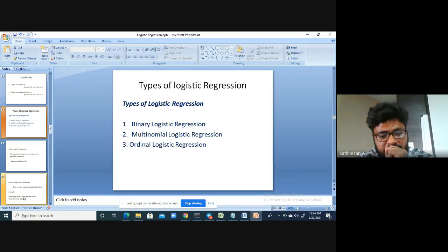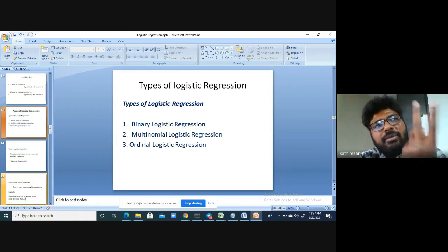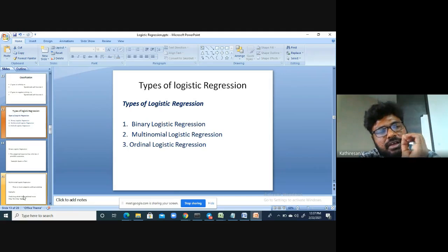In binary logistic regression, we have only two classes. One class may be safe or unsafe, spam or not spam, or pass or fail, anything, but only two.